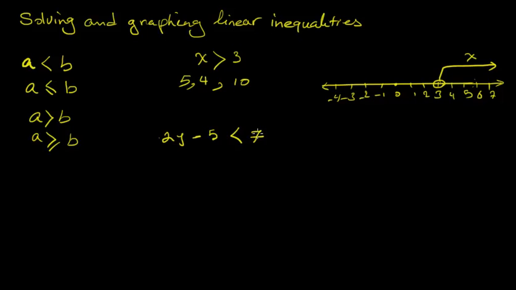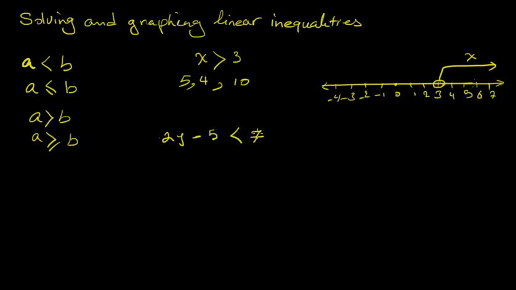First, simplify each side if needed. Then we use subtraction or addition to move the variable terms from one side to the other side, and then use multiplication and division to remove any values in front of the variable.